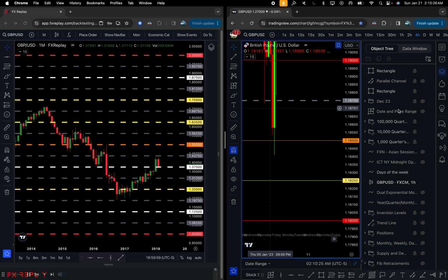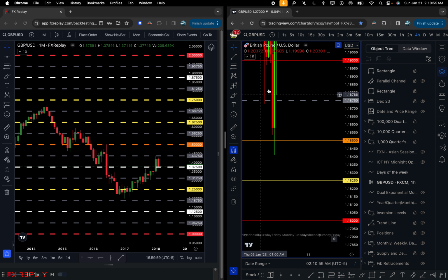If you were just drawing 1,000 quarters theory levels on your chart, this would just be yellow, just like this one right here, because it's a quarter level. But because we have these gray ones drawn over here, we understand this is a 100,000 quarters theory level. So it's going to sometimes take the place of one of these, and you could go ahead and draw your white levels in here if you want to.